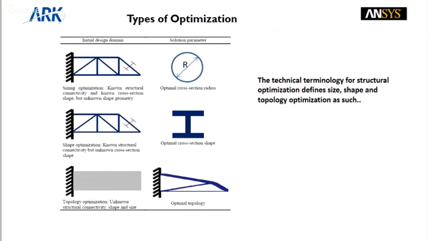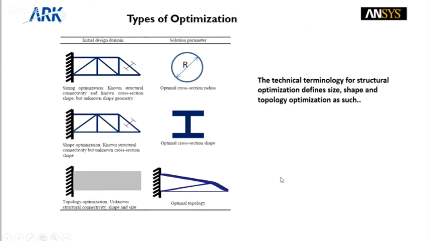In the second kind of optimization, I will change the cross sections themselves and test my truss with different ones, like circular, rectangular, I section, Z section, C section, and find out the optimal cross section suitable for my truss under different loading conditions.